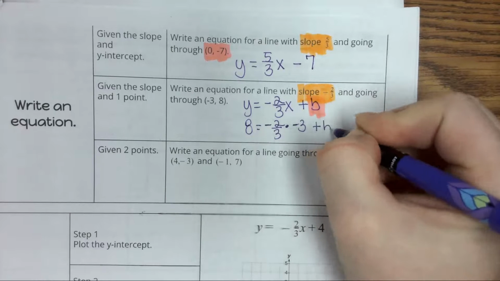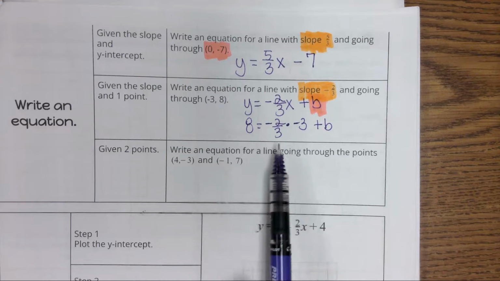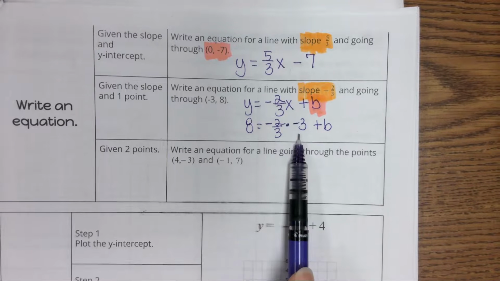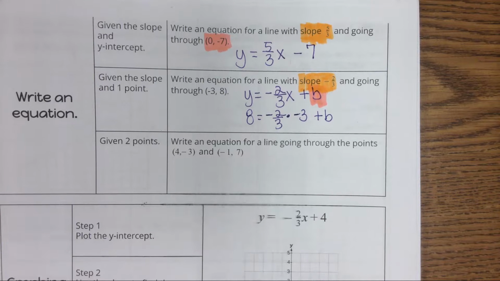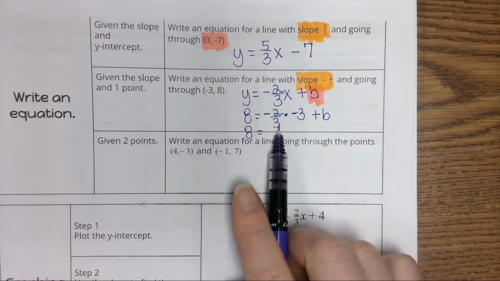Okay. Now, some of you who are good with multiplying fractions can see what happens here. If not, you can check on your calculator. What is negative 2/3 times negative 3? Just do it though. What did you say? Negative 2/3 times negative 3.